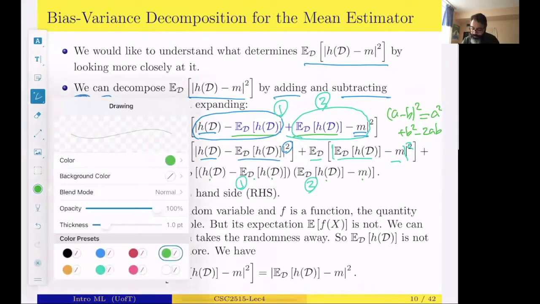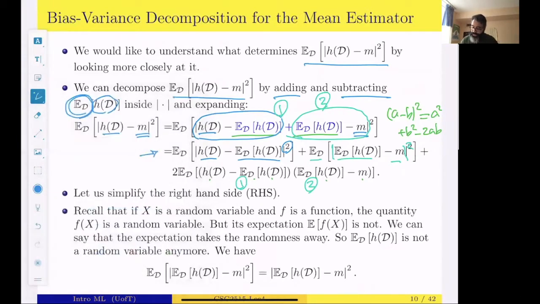As a kind of preparation, we notice that if we have a random variable x, just a general x, and f is a function, the quantity f of x is a random value. So we give a random input to a function, the output of the function would be random. But its expectation is not a random value.